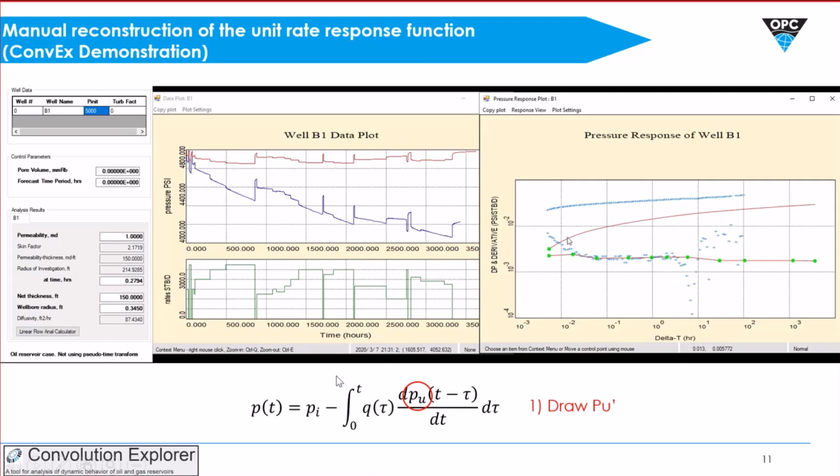And what we're going to do is, as we draw the unit rate response function ourselves, we are going to interactively solve for the pressure. So you see here, there's no fancy algorithms going on. There's no black box. This is very much: here's what you draw, this is what you get. And now I'm going to explain how we draw the unit rate response function in the demonstration.